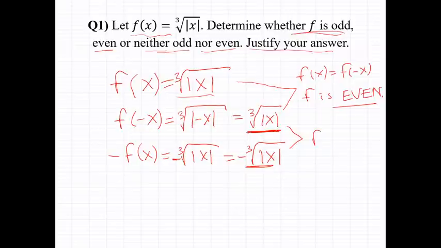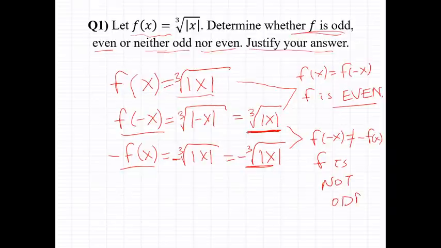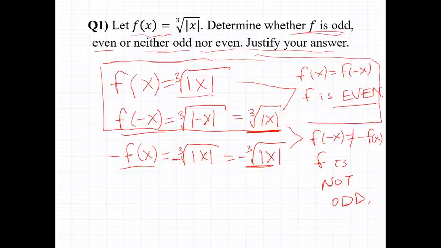You can say f of x is not equal to minus f of x, so you say f is not odd. This is the justification of our result: f of x is this, f of minus x is this, and that gives you that it's even.